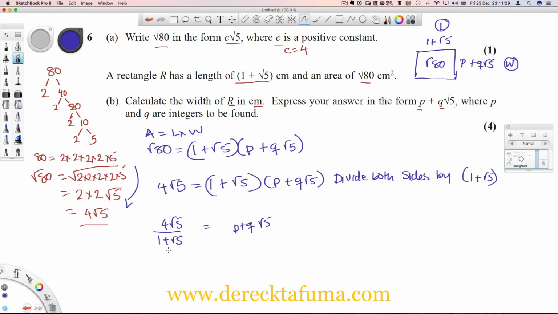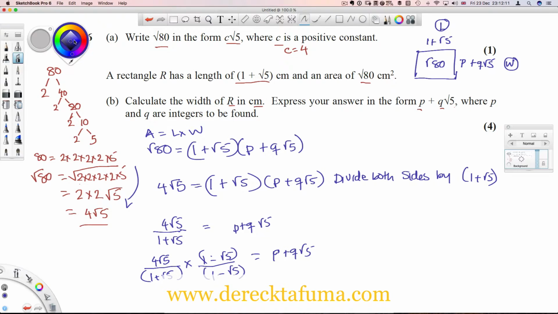Now, in order to get rid of this denominator, which is 1 plus root 5, we can multiply 4 root 5 divided by 1 plus root 5. Let's put brackets there and multiply this by 1 minus root 5 on the top and 1 minus root 5 on the bottom. Okay, this is going to help us eliminate the surds from the denominator. Okay, so this is still equal to P plus Q root 5.